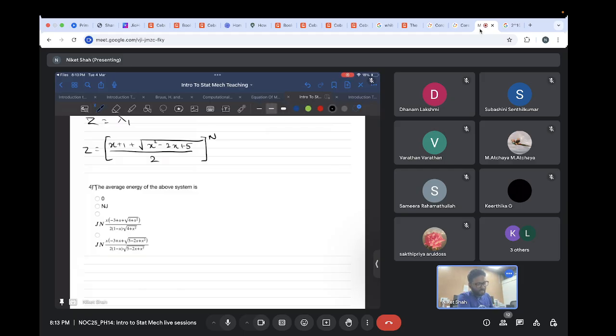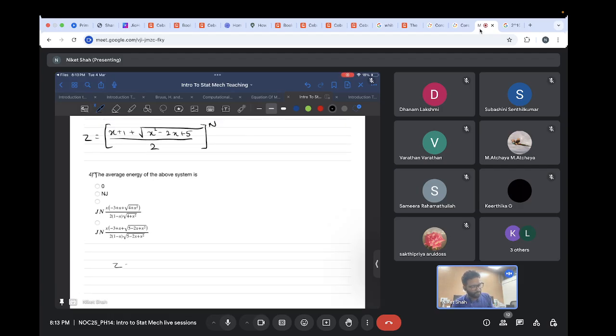The average energy of the system is... So the question is, what's the average energy of the above system? How do you get the average energy? Z is equal to simply the trace of e raised to minus beta H, right?